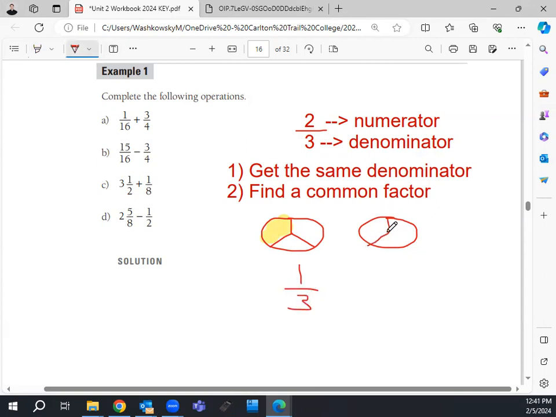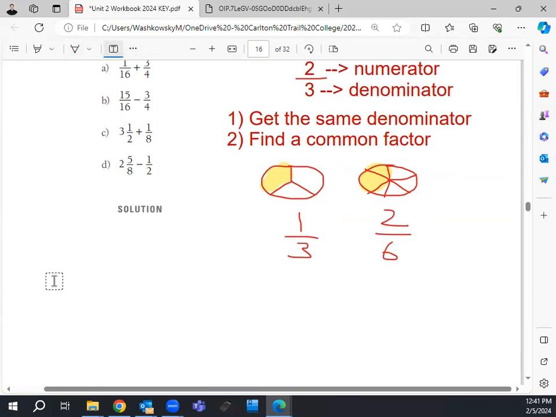But what if I take that and I decide, you know what, I'm just going to cut it in half again. Well, what I have here now is 2/6, but it's the same area. So when I say common factors, you can increase a fraction or decrease it so that you get a number that is equal, but you can then add. You need the same denominator to add and subtract fractions.